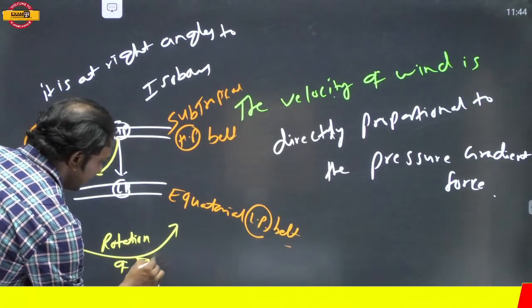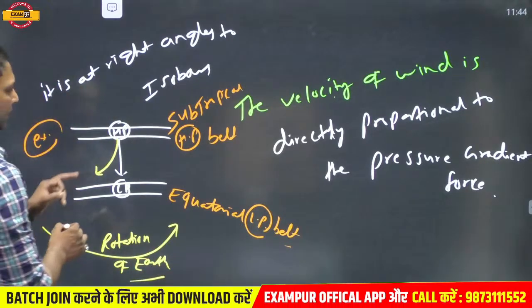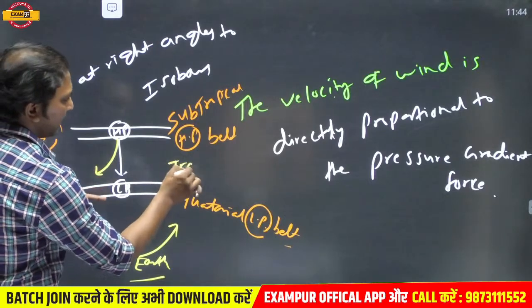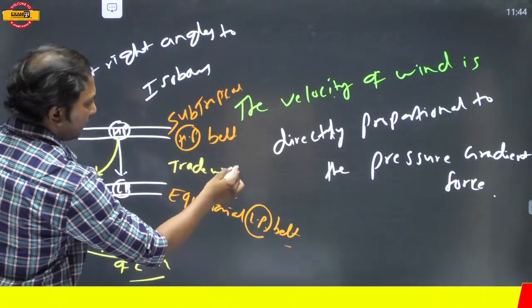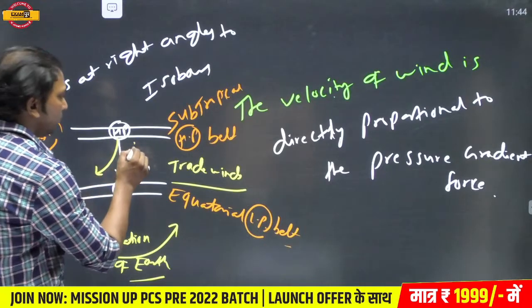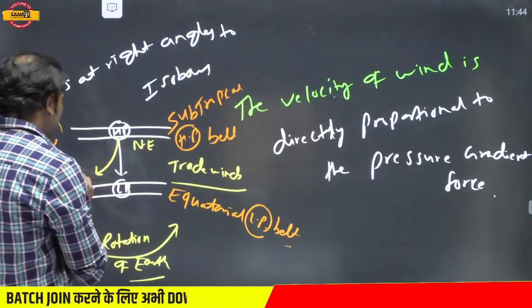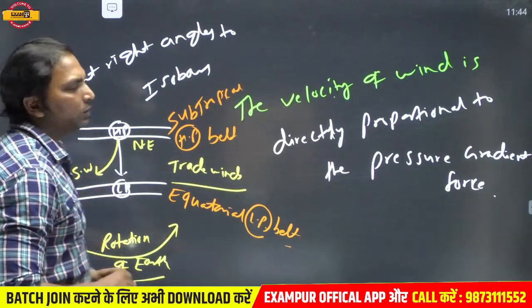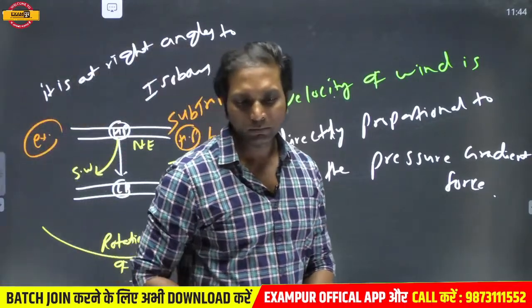Trade winds acquire the direction from northeast to southwest because of the Coriolis force.